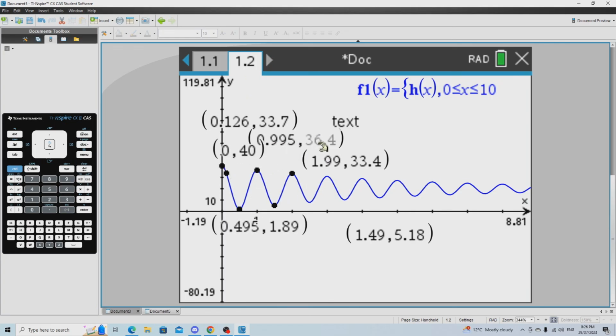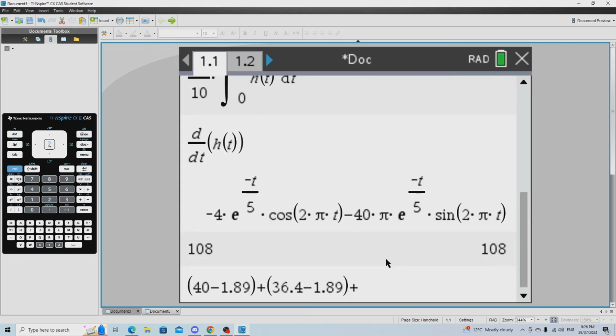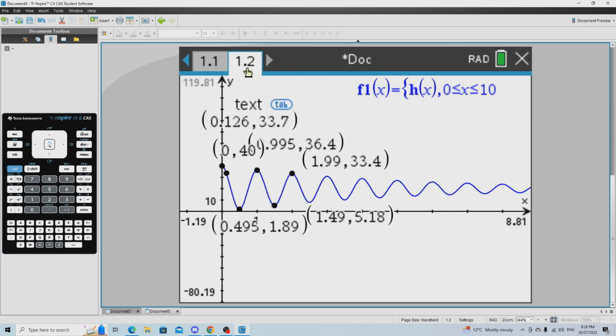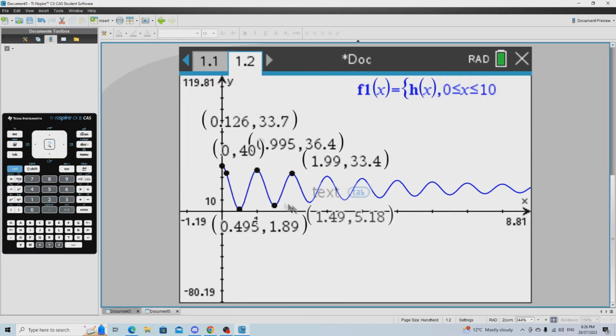Now we're saying 36.4 to this value. So 36.4 minus 5.18. Okay, and then we're here, so we just want to find 33.4 minus 1.8.